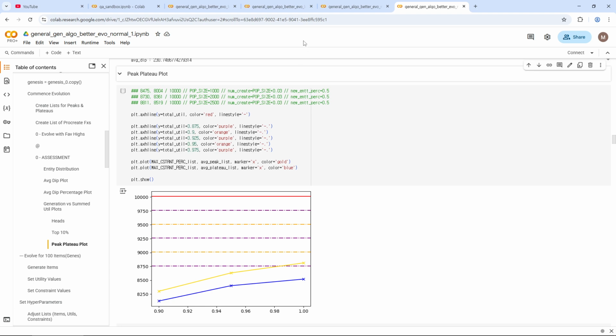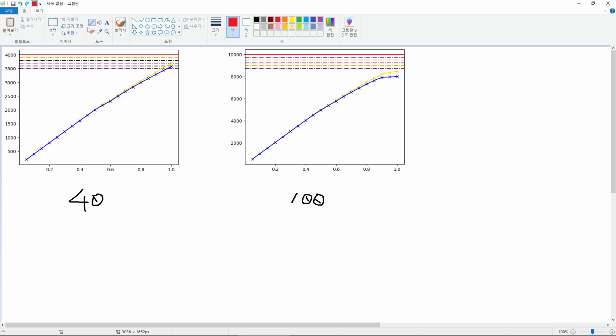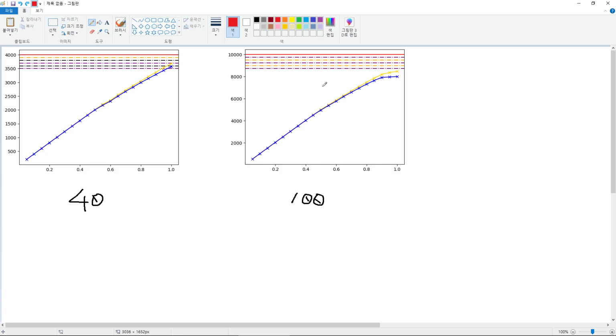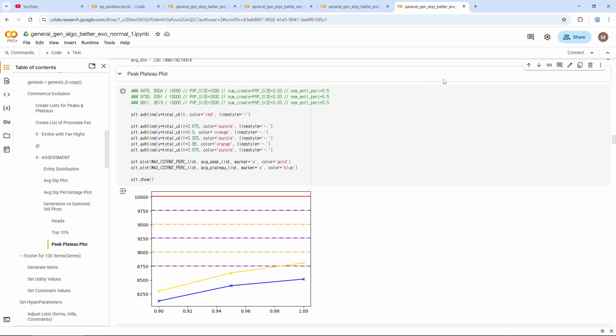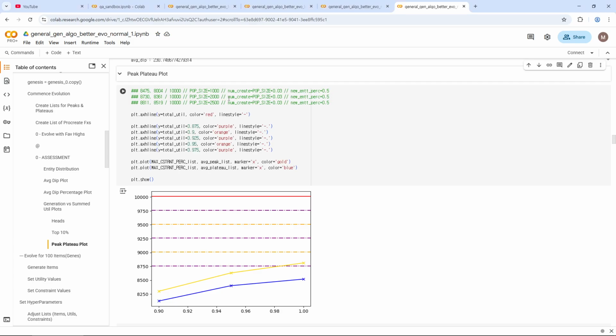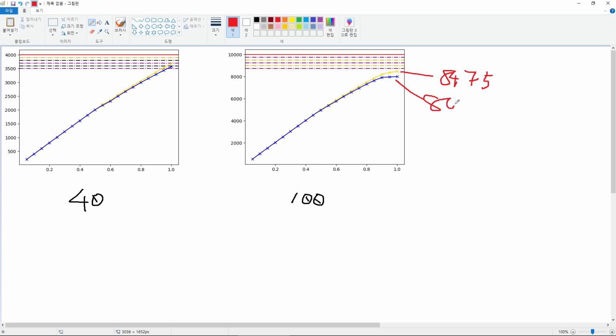So before, with 1000 entities in the population, the average peak was 8475, and the average plateau was 8004. So that's what we're trying to go up against, make it higher than this.